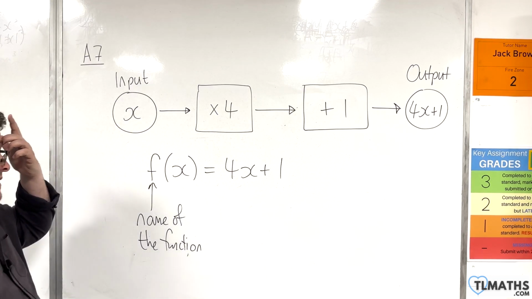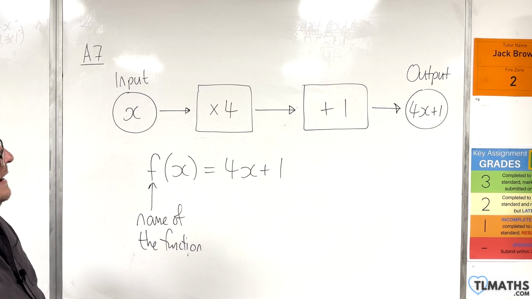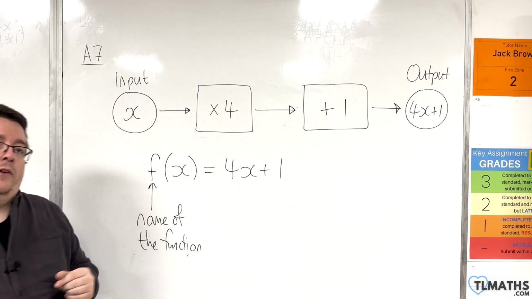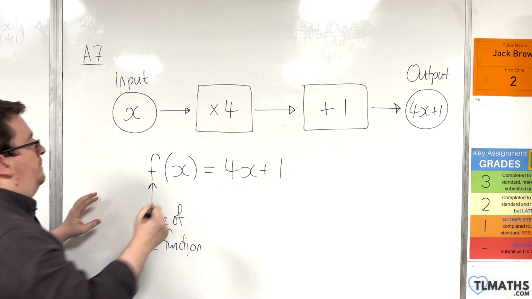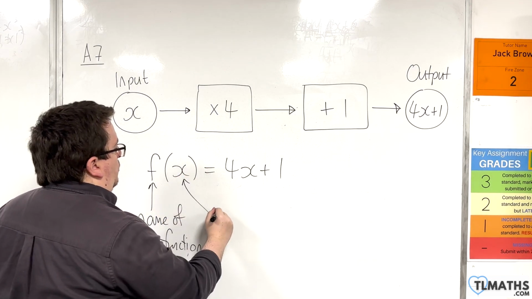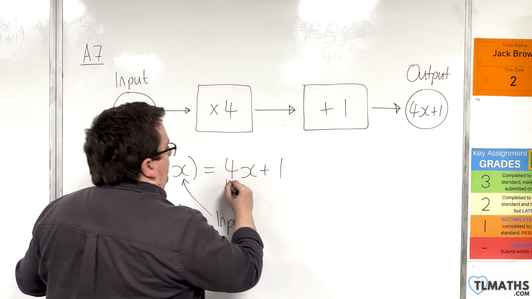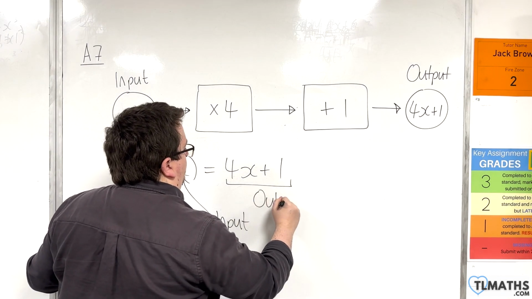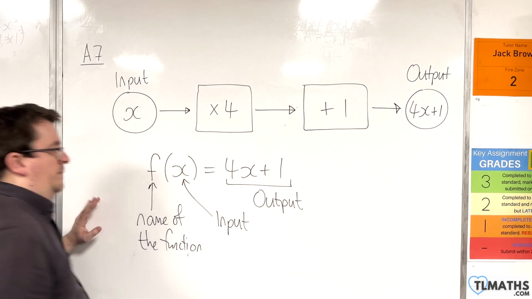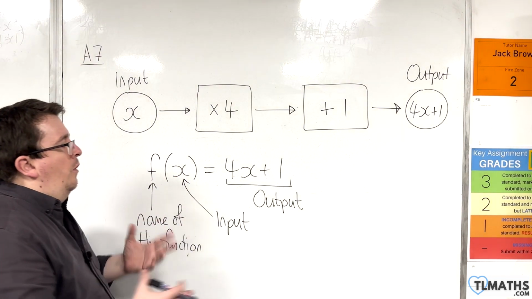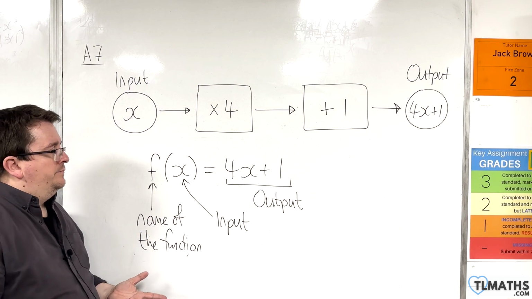So f here is the name of the function, and this bit, whatever's inside the brackets, is what you are substituting in, your input. So this is your input, and this is your output. Okay, so this is what you're going to get at the end.